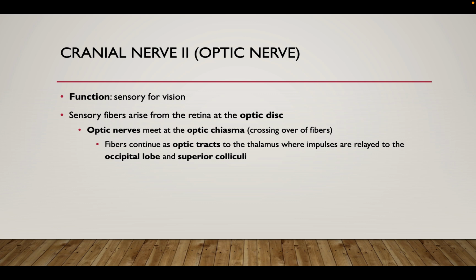You can see it a little bit better in a sheep brain, in a sheep specimen. But what these superior colliculi are doing is allowing us to coordinate our visual responses to things. So imagine you're sitting somewhere, you're looking somewhere, and something moves quickly and you see it in your peripheral vision. The superior colliculi are involved with orienting and turning your eyes toward that visual stimulus.